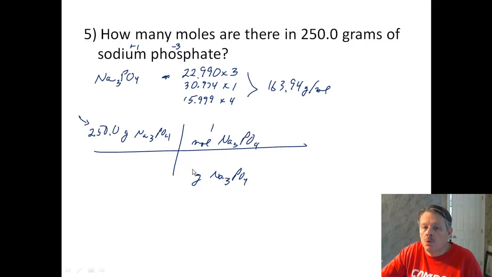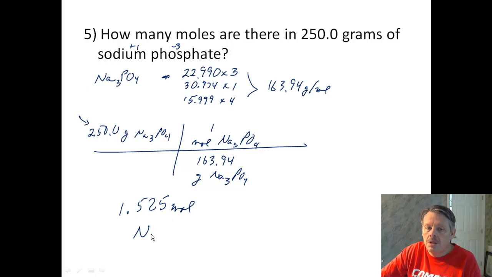And 1 mole is going to be 163.94 grams. So when I do the math here, I come up with 1.525 moles of sodium phosphate. That's my answer to number 5.